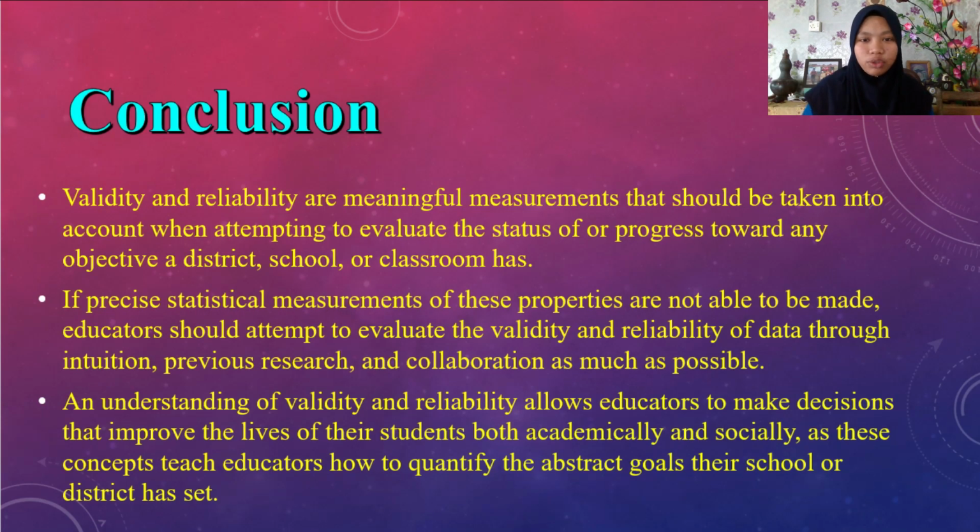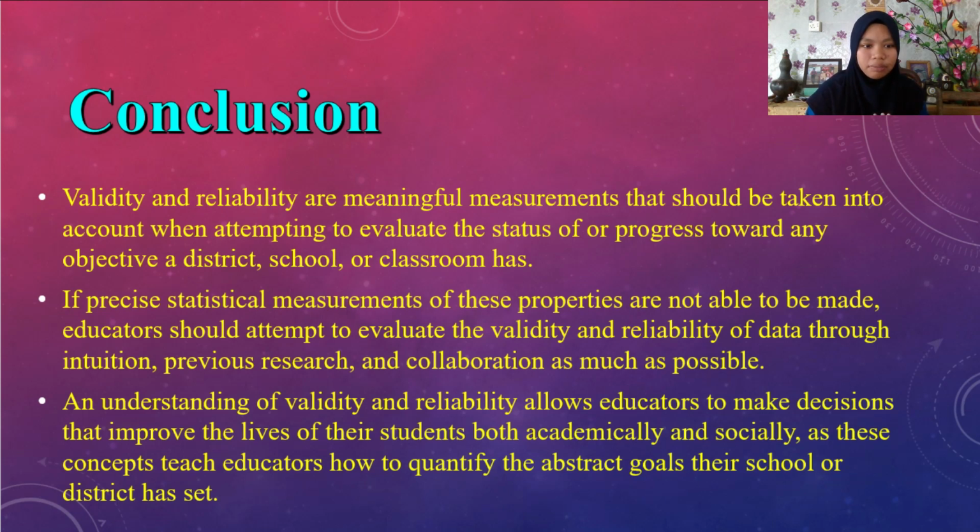So, in conclusion, reliability and validity are related to each other because a test is not reliable until it is valid. I think a good test has two items, which are reliability and validity.